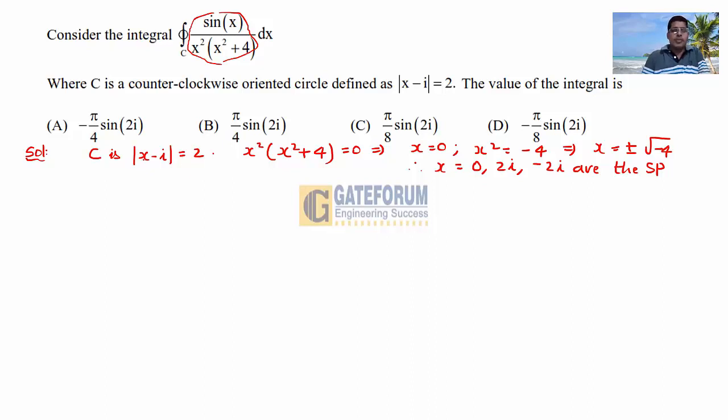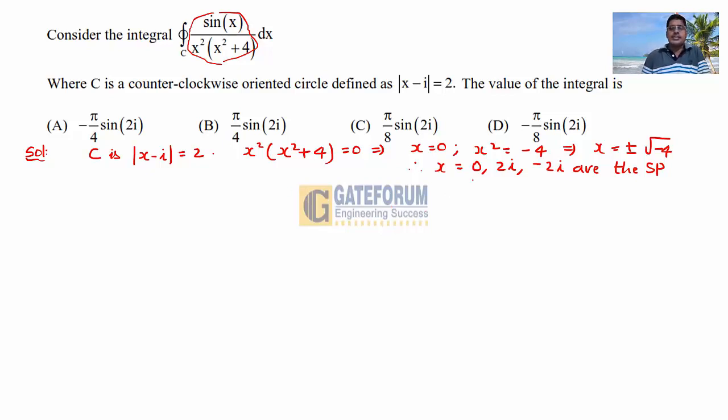For example, if I put x is 0, this becomes mod minus i, that means plus 1. 1 is less than 2. So whenever the left hand side value is less than the right hand side value after substituting the singular point, such a singular point is inside the curve. Whenever the LHS value is greater than the RHS value after substituting the singular point, such a singular point lies outside the curve.